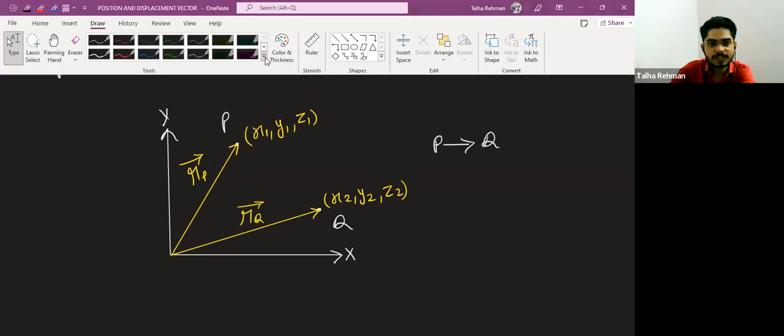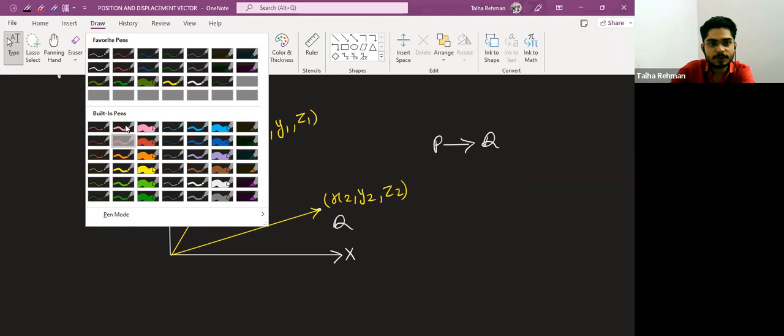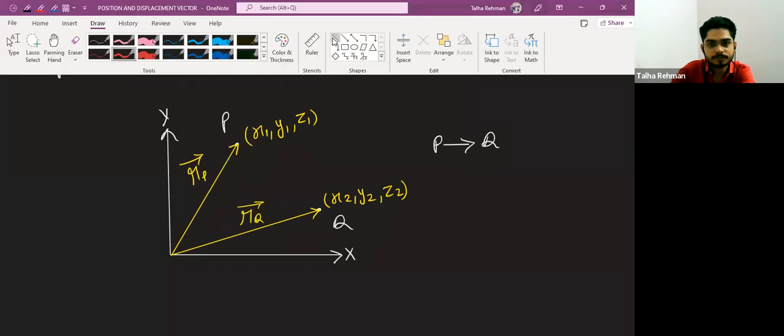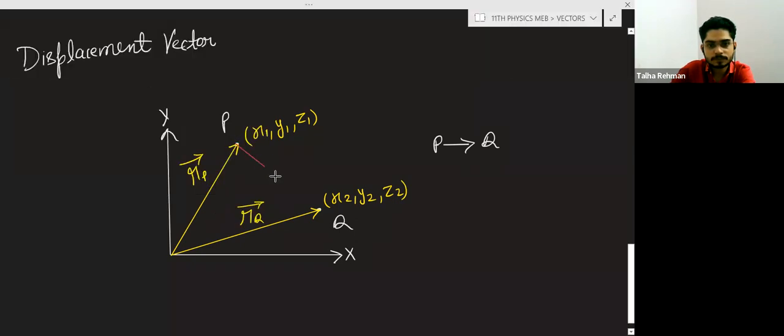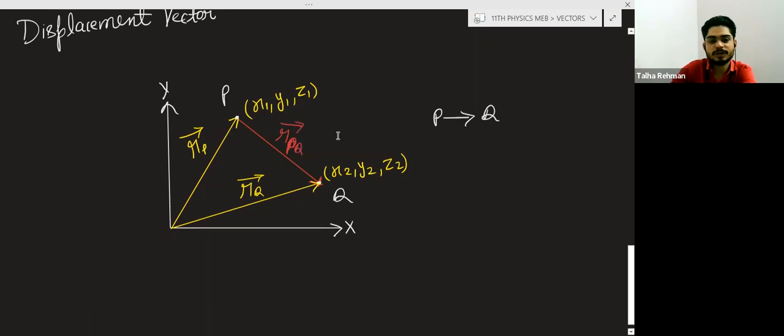So the displacement vector from P to Q will be this vector. This will be the displacement vector, represented by Rpq vector.